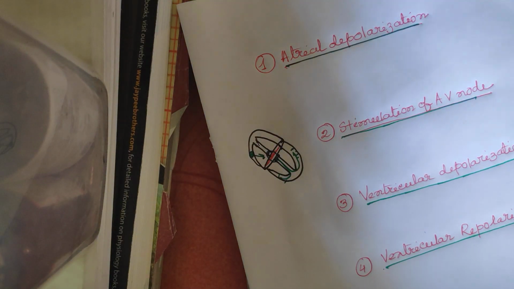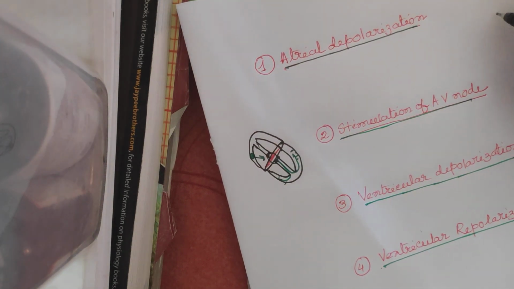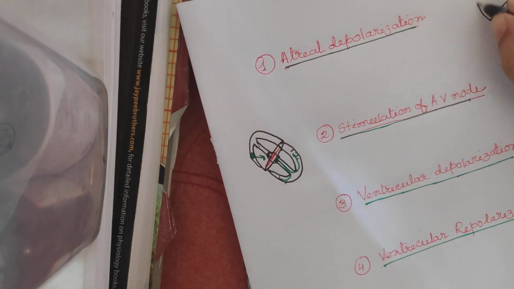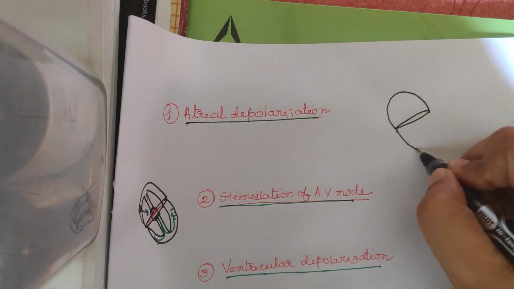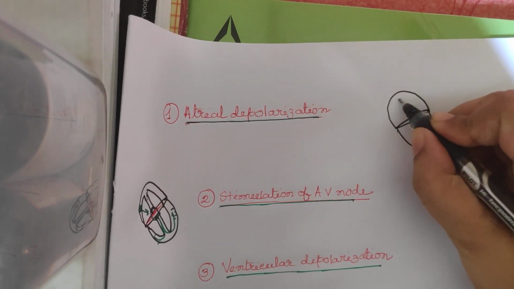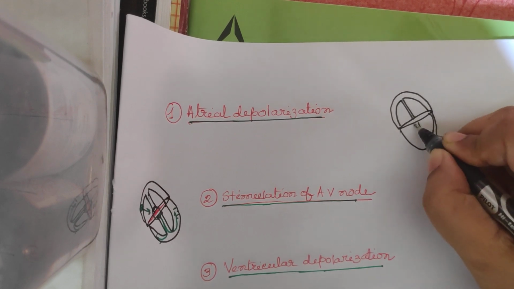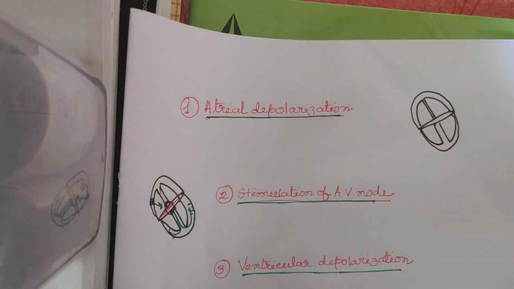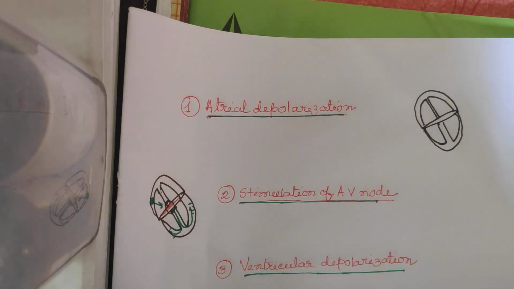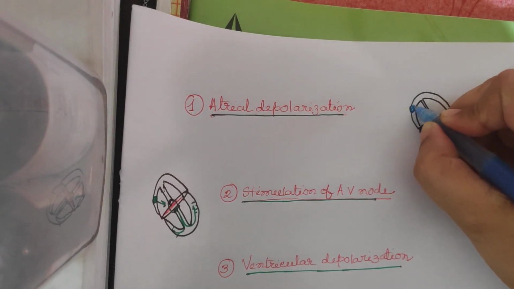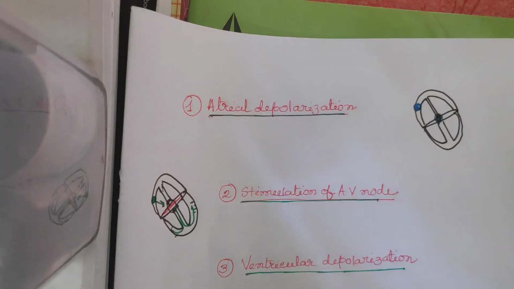So first we will start with atrial depolarization. Again, this is my heart, atrium, and ventricle. We know that the electrical activity starts from the SA node and then goes to the AV node.